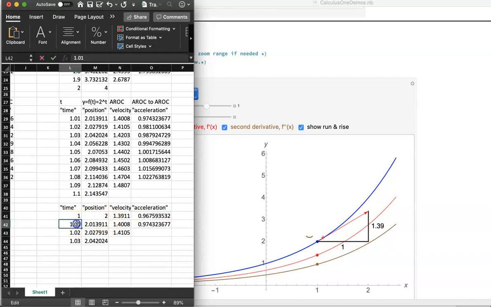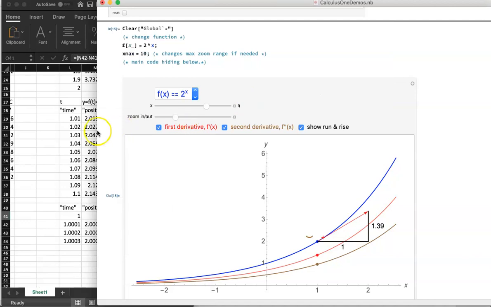So if we do the limit problem now, if we want to put 1.001, 1.002 and 1.003, we can see that the derivative at 1 and the second derivative at 1 are getting closer to 1.39 and 0.96.